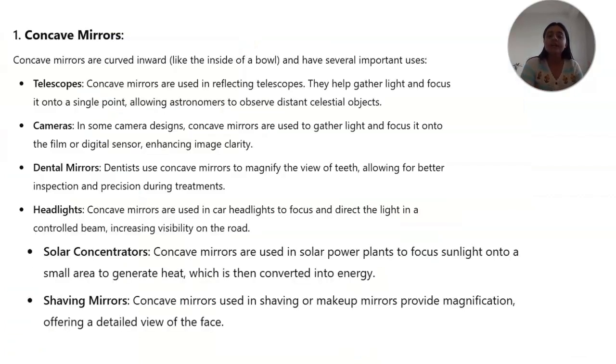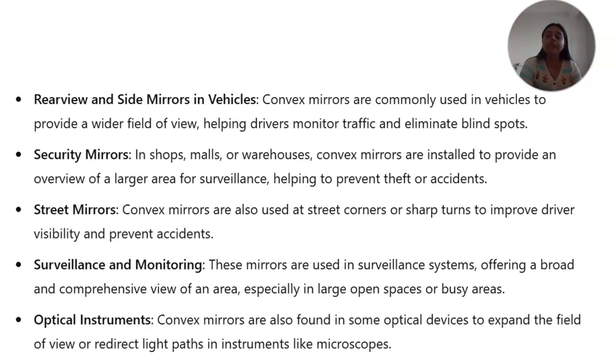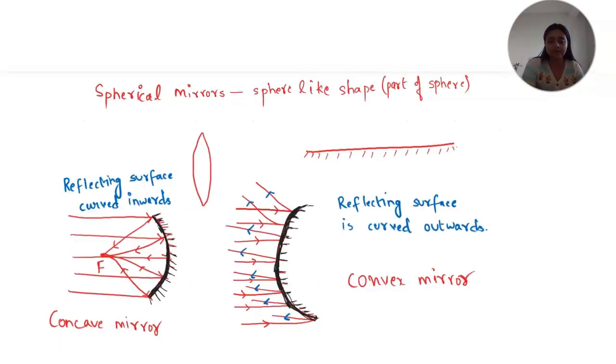So in cars, rear view and side mirrors in vehicles, security mirrors, street mirrors, surveillance and monitoring mirrors, and even optical instruments, we use convex mirrors. This image shows how spherical mirrors work.